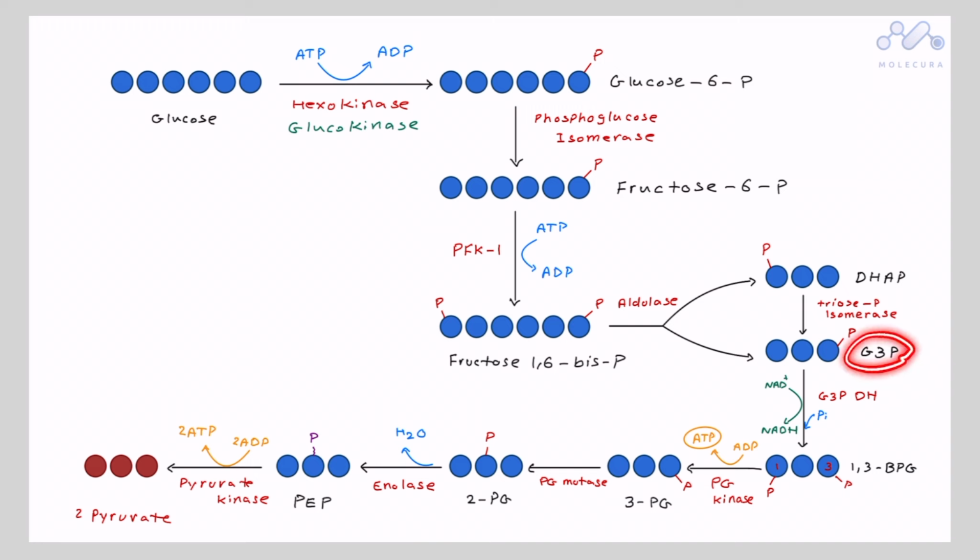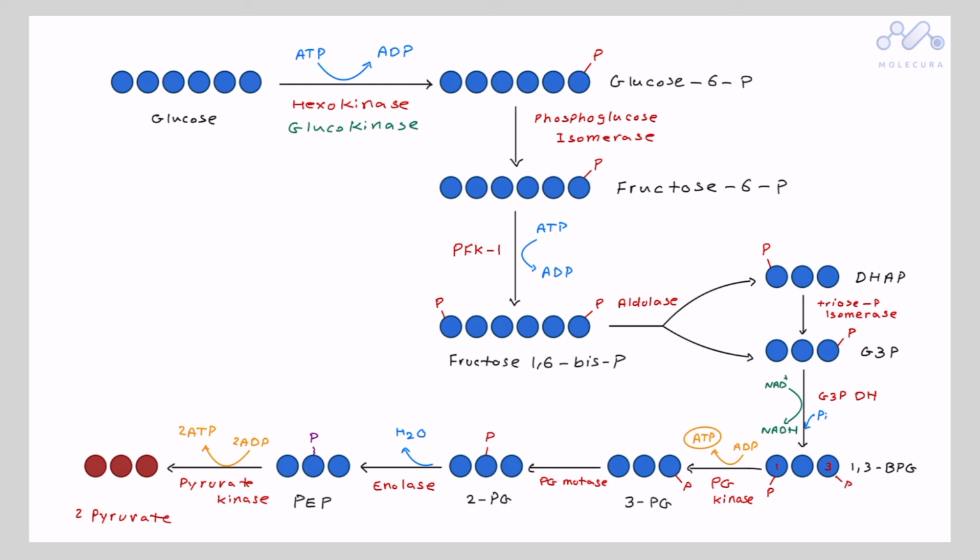In other words, it's losing electrons, and these electrons are getting transferred to NAD+, which is getting reduced, or gaining electrons, and it's getting converted into NADH. There is an addition of inorganic phosphate here as well, and the molecule that we end up with is 1,3-bisphosphoglycerate.